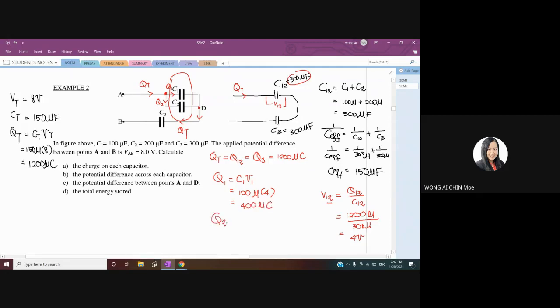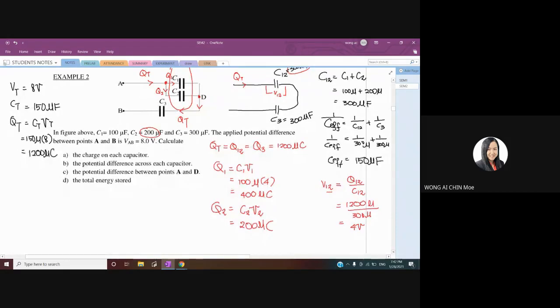How about Q2? Q2 equals C2 V2. C2 is given as 200 microfarad, so we substitute that in. How about V2?